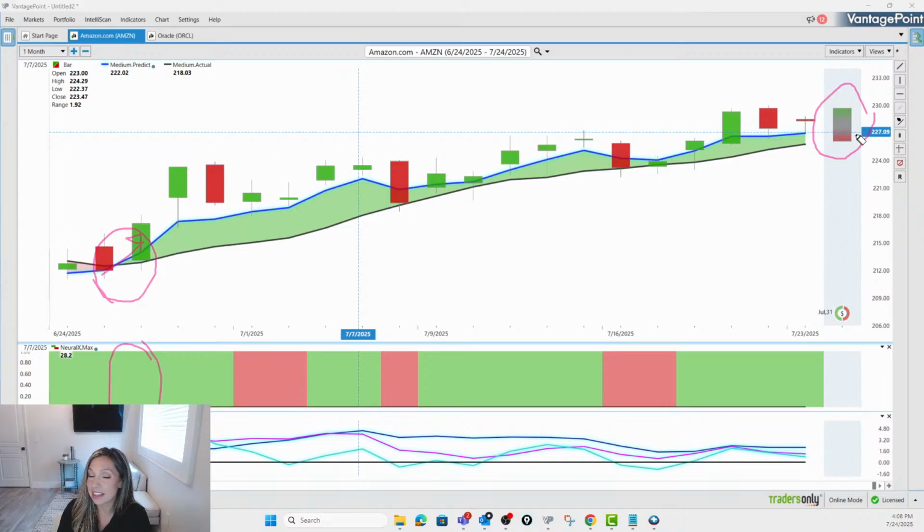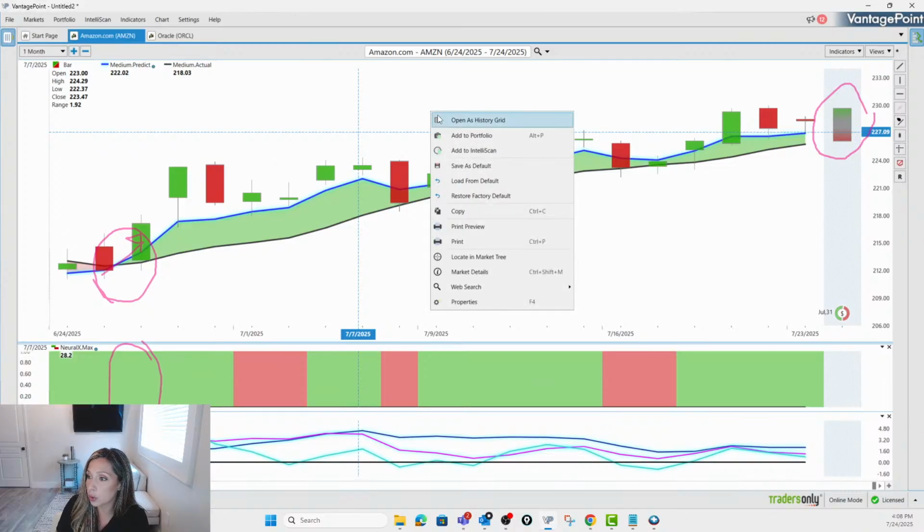And these indicators themselves are incredibly powerful because we're not only looking at Amazon, and since we do have a lot of newer traders in the room today, I do want to just open this up for everybody. If you notice, we can even go to market details, and I'm going to pull up the details on Amazon.